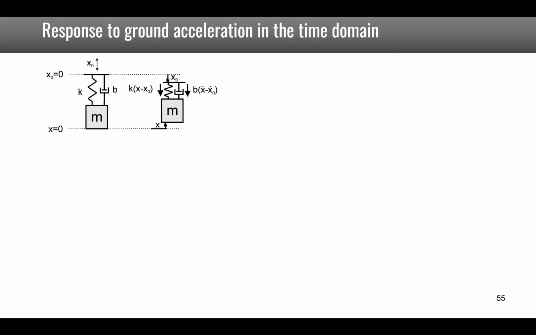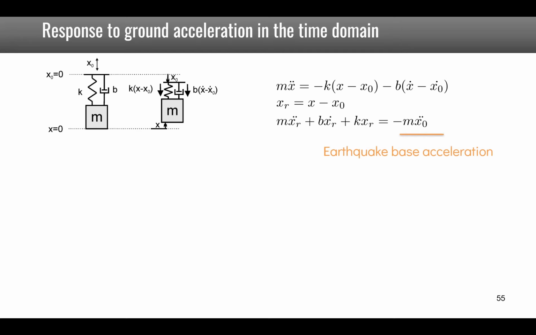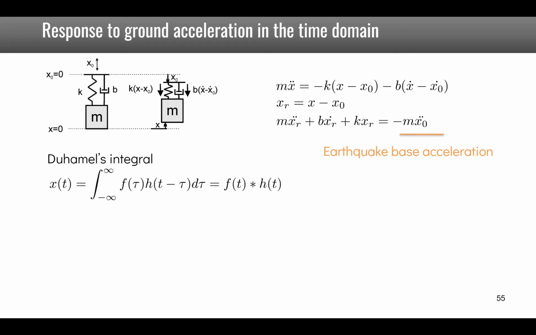And if you want to compute the response to ground acceleration in the time domain, this is the typical example of the earthquake, then you can just combine what we have done before. So you know that the equation of motion has a force that is equal to the base acceleration of the earthquake, and you can use Duhamel's integral, where you do a convolution between the force, which is now given by minus m x dot dot 0, times the impulse response.